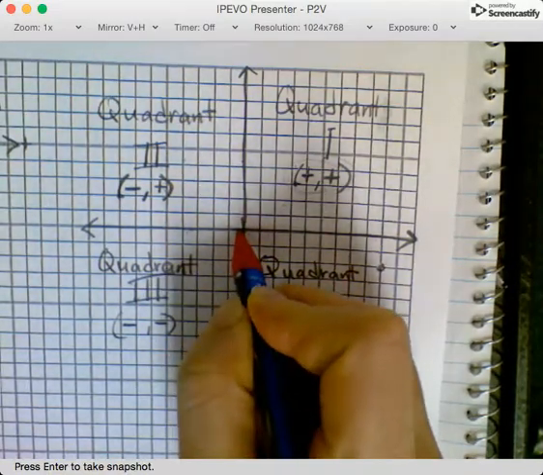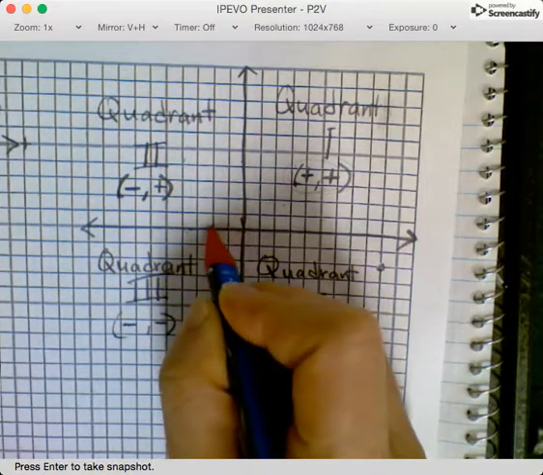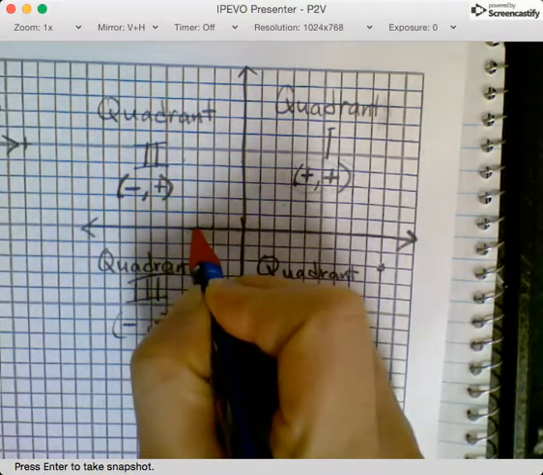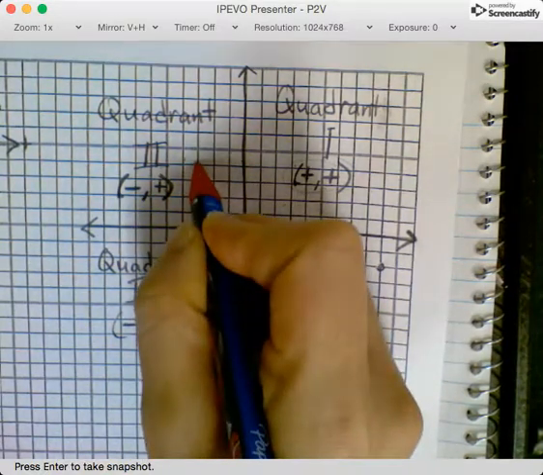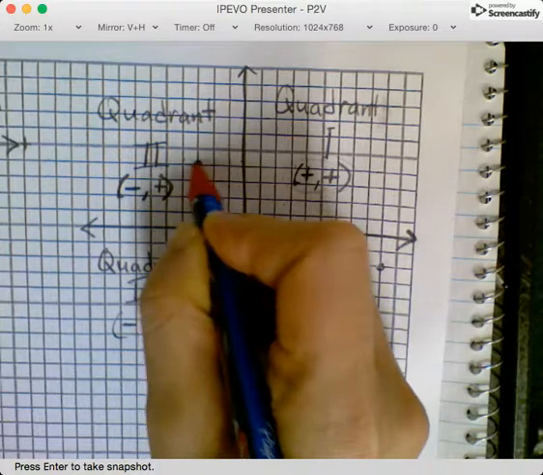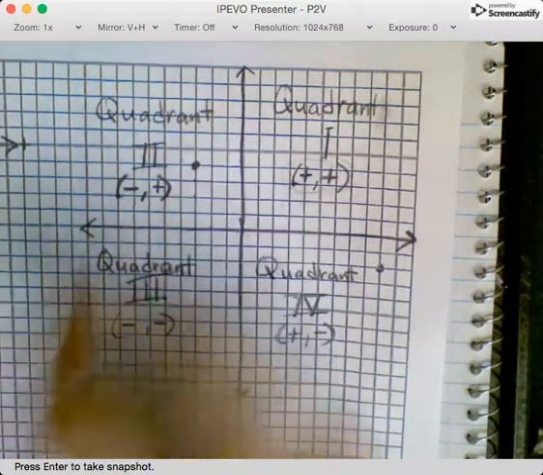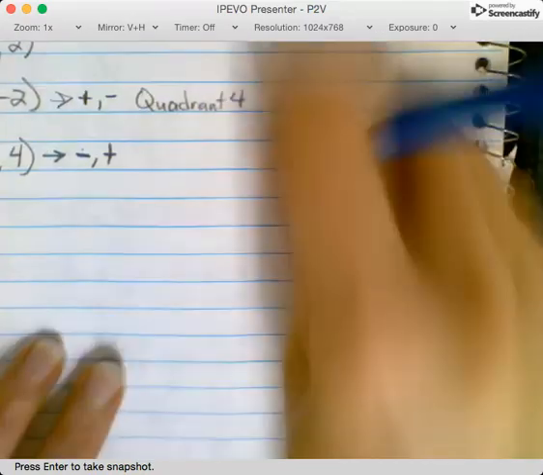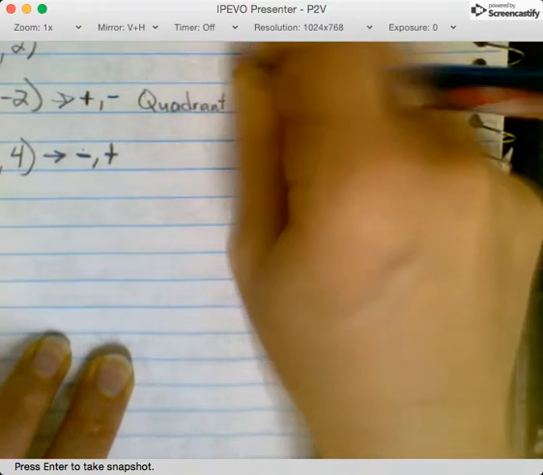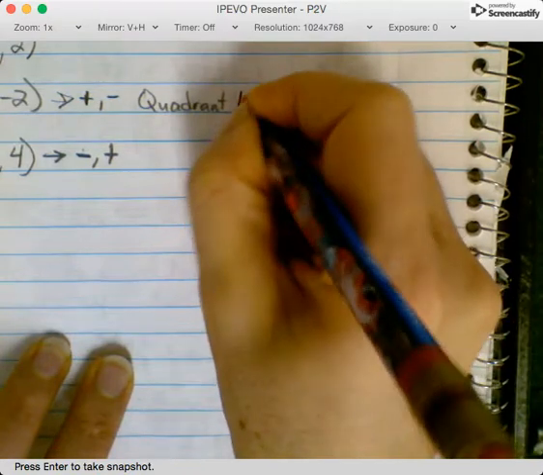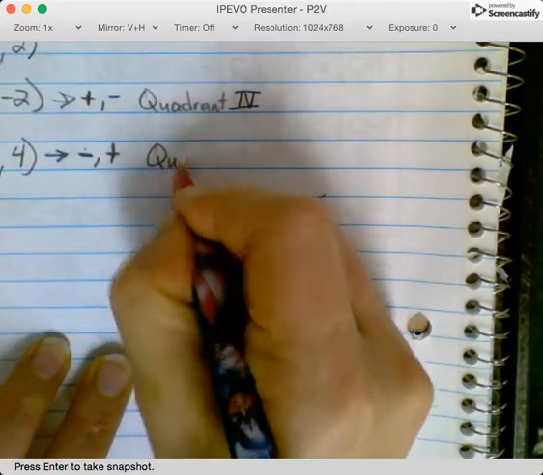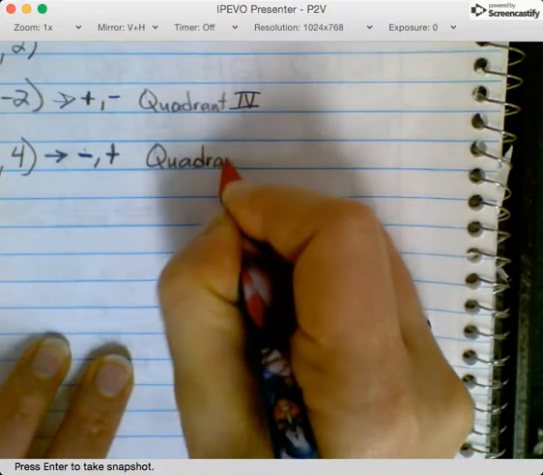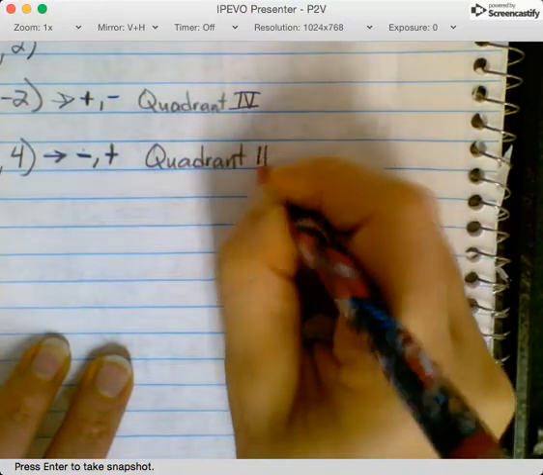So -3, 1, 2, 3, +4, 1, 2, 3, 4 would be right here, and that is in quadrant 2. And I think I'm going to fix this. I should have put that as a Roman numeral, so I'm going to fix that. And then my other one was in quadrant 2.